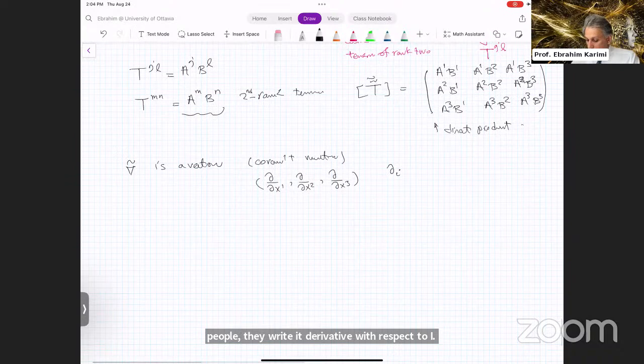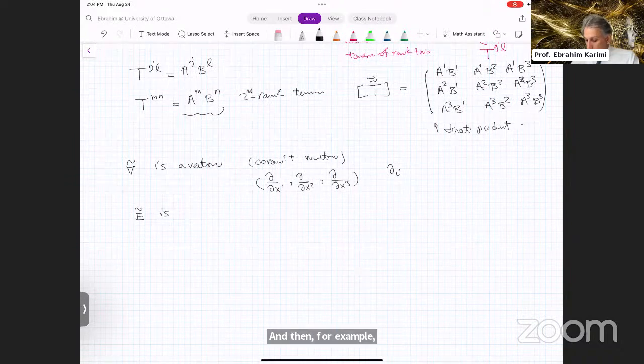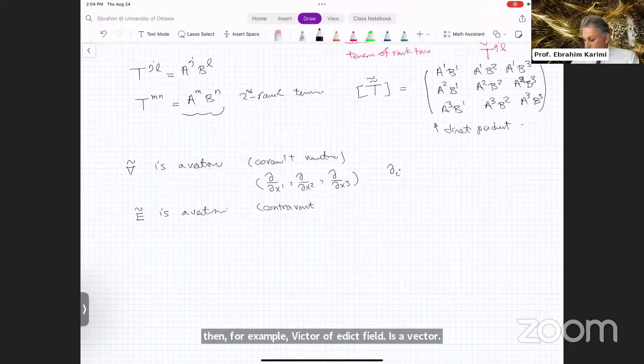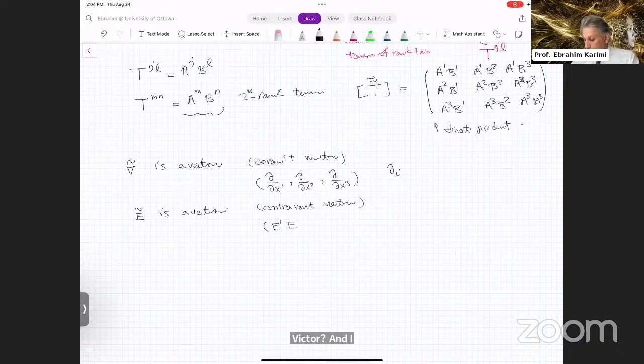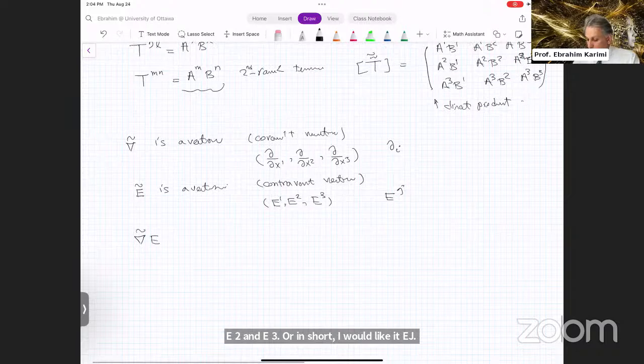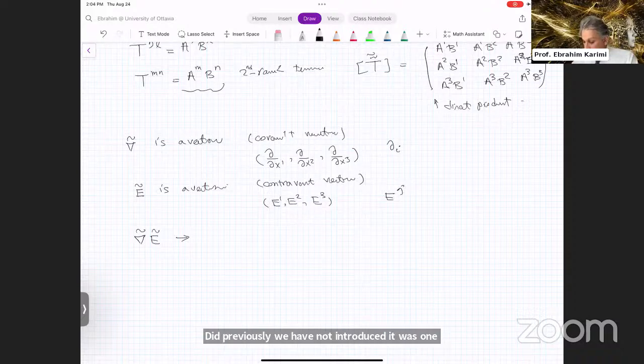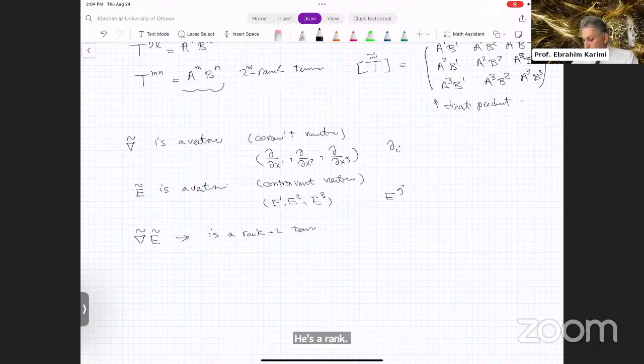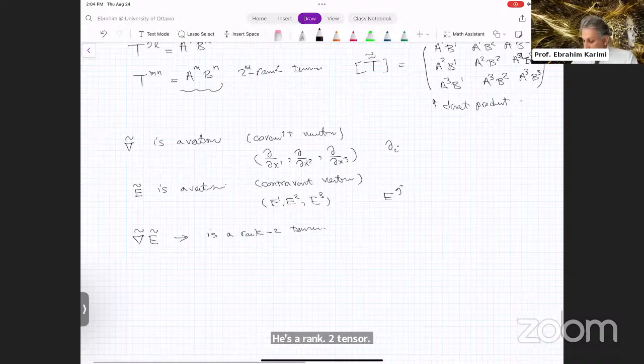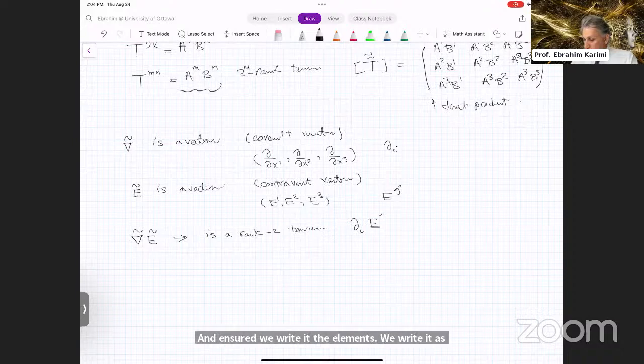And then, for example, the electric field is a contravariant vector. I write it with E1, E2, and E3, or in short, E_j. So the gradient of a vector, which we have not introduced previously and was one of the questions you had, is now a rank 2 tensor. In short, we write its elements as the derivative with respect to i of E_j.